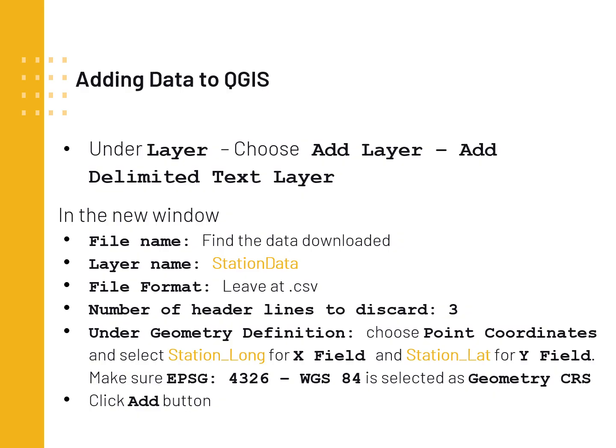So longitude is always going to be your X field, and station lat for your Y field. For the geometry CRS or coordinate reference system, you're going to make sure it's set to EPSG 4326 - WGS 84. And again, that's information that we pulled out of the table when we looked at it. Then click the Add button.